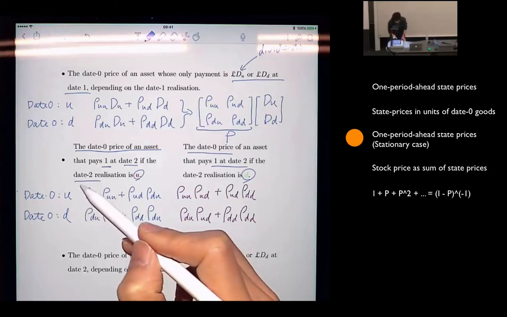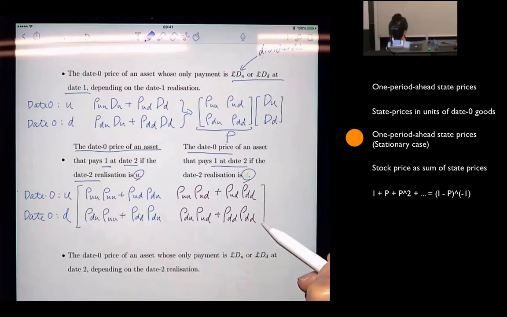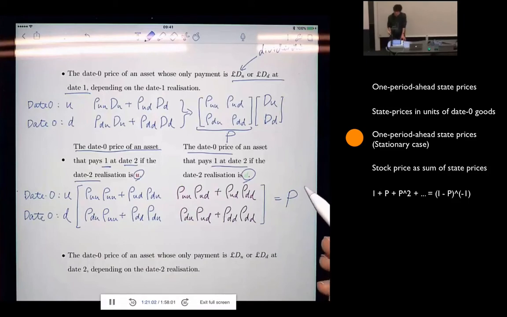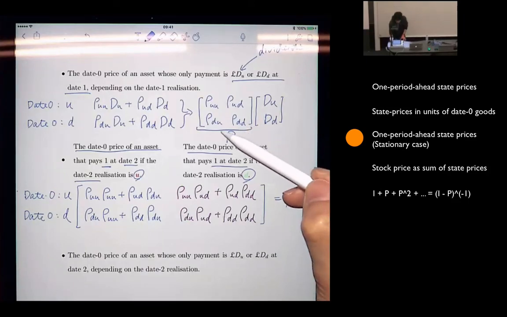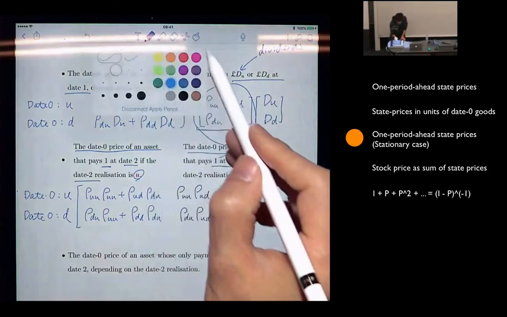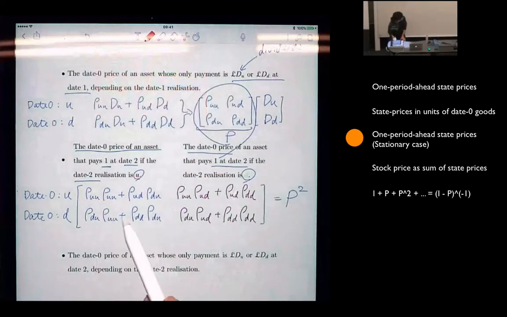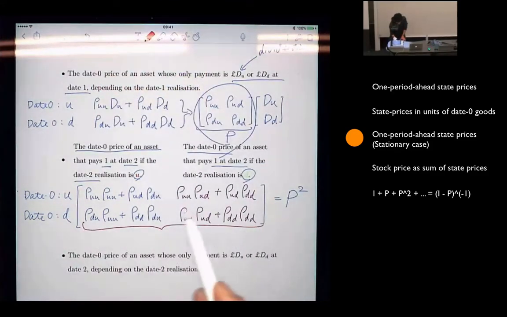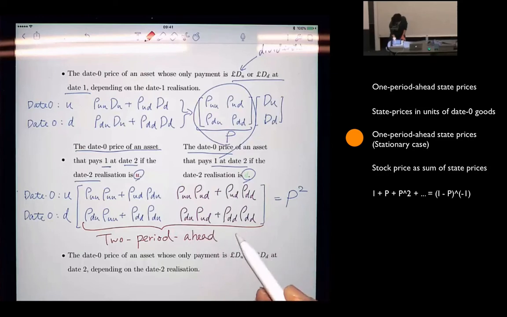And if you check, this is actually equal to our P matrix squared. So P matrix is this. If you compute P times P, you will get this. And this is actually the 2 period ahead state prices.